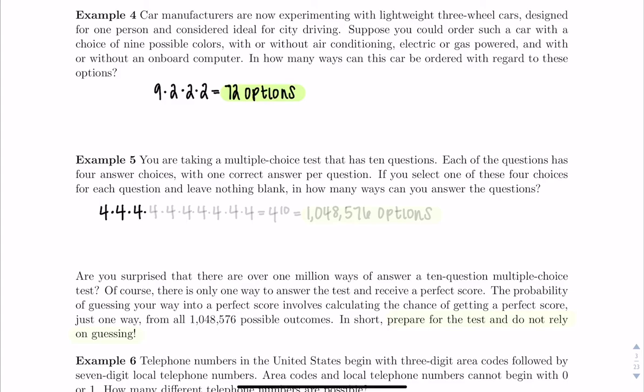And we can keep doing this 10 times. And so this is just 4 to the 10th power. And so we get a really big number, 1,048,576 options of how I can fill in my test.